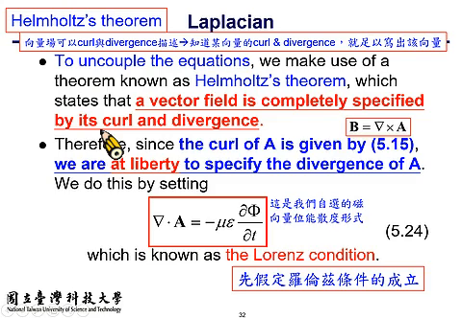And based on this theory, we choose the divergence of A to equal minus mu epsilon times the time derivative of phi, the electrical scalar potential. Then you are surprised, saying, well, can we do that? Well, there's no harm in doing that. We have the ability to choose this. And so this condition is referred to as the Lorentz condition.